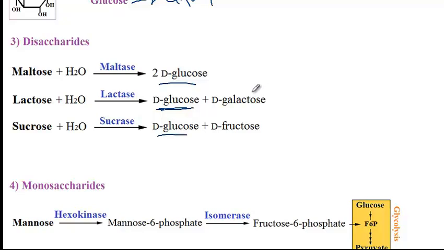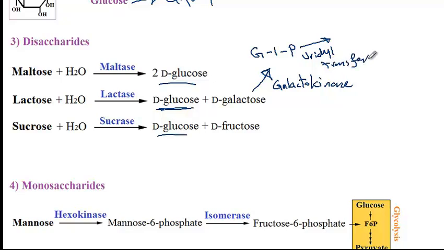With galactose, the galactokinase enzyme will yield galactose 1-phosphate, and then this molecule via uridyl transferase will be converted into glucose 1-phosphate, which can now enter glycolysis or used for gluconeogenesis or any other purposes.